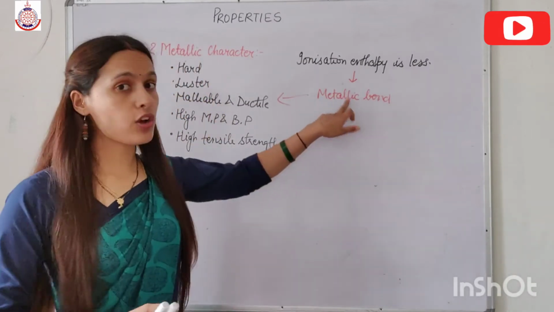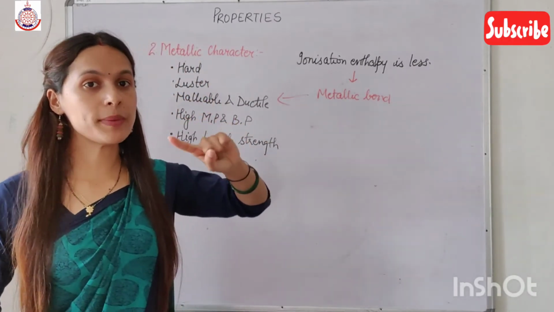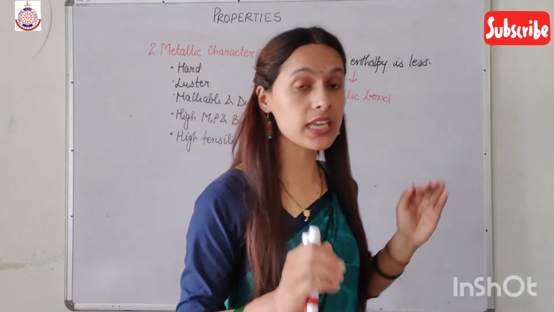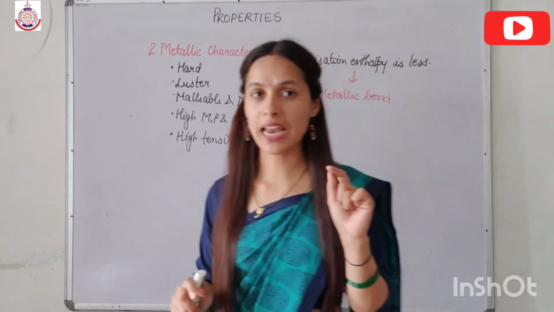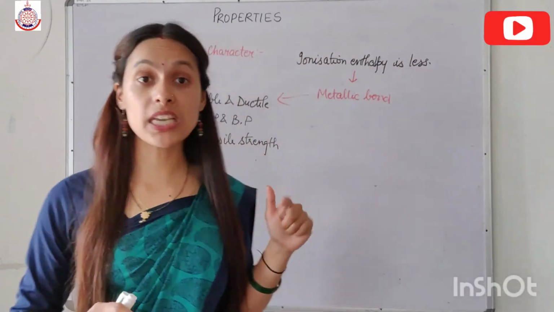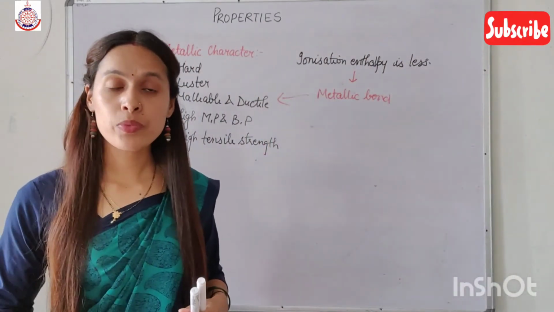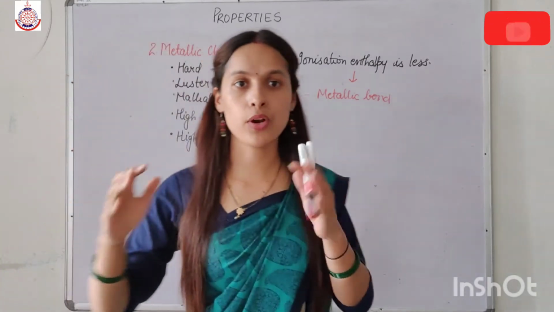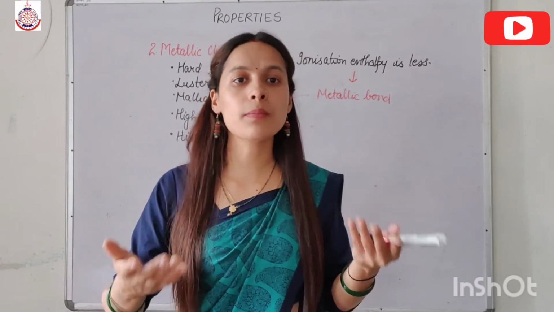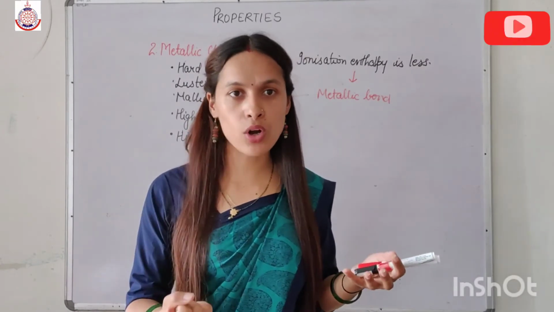Now, the strength of the metallic bond depends upon the number of unpaired electrons. How? More the number of unpaired electrons, more the number of metallic bonds, and more the number of metallic bonds means greater the bond strength.